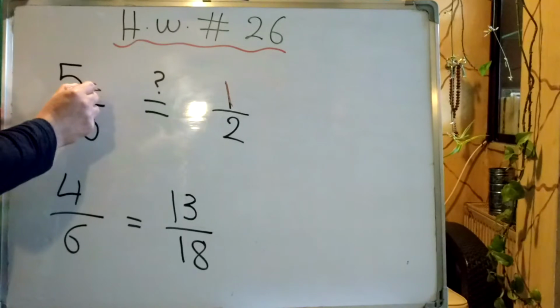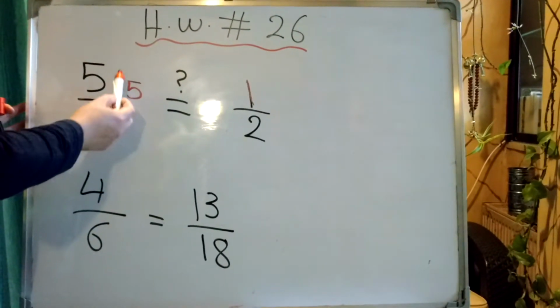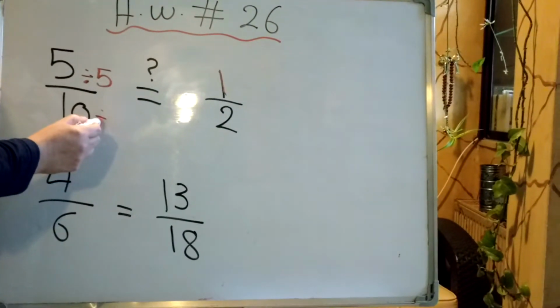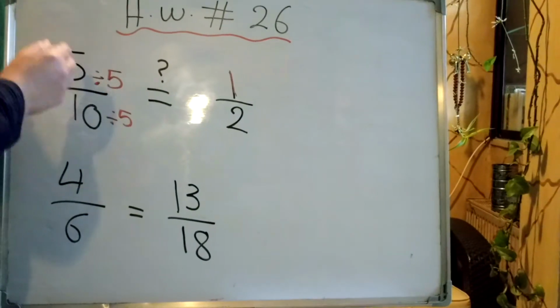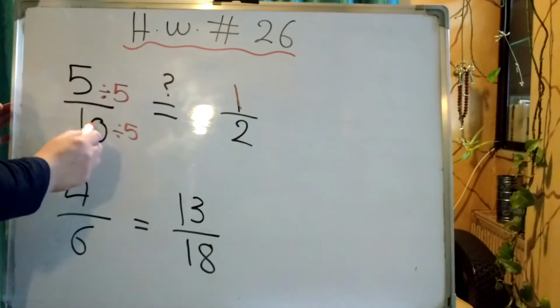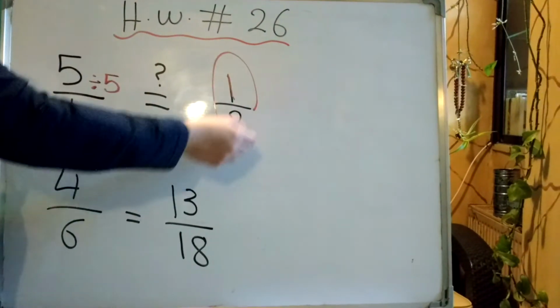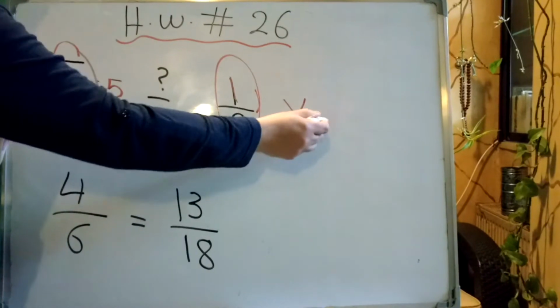If you divide 5 by 5, you will get 1. And because you divide the numerator by 5, the denominator should also be divided by 5. So 5 divided by 5 is 1. 10 divided by 5 is 2. So 1/2 and 5/10 are equivalent fractions.